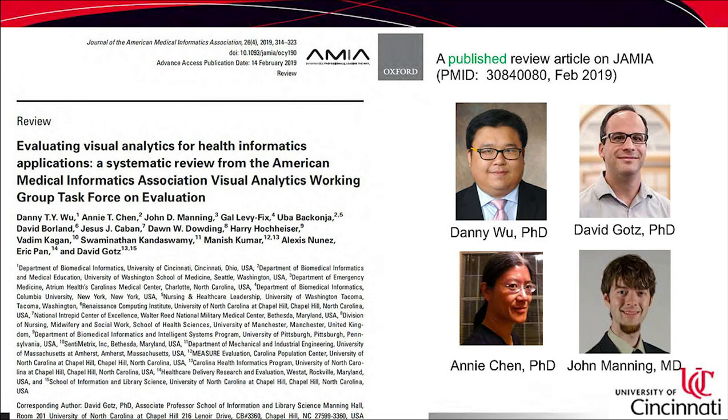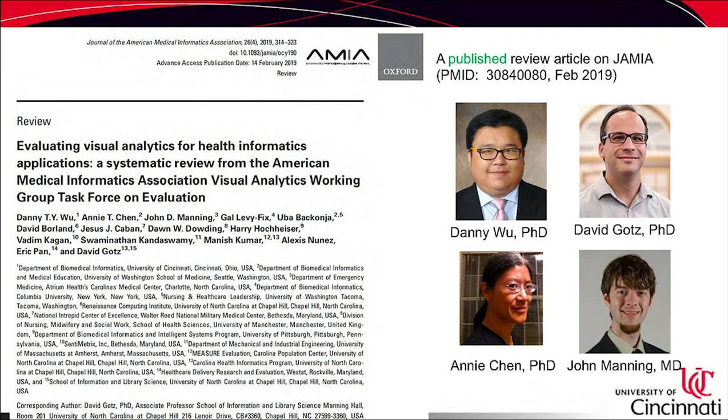So I participated in that, and especially a task force on evaluation, because I'm interested in the evaluation piece, and I think that would be a good angle for me to jump into the visual analytics area. And that was a beast. It was 3 years of collaboration with 16 people across the country, with monthly calls.